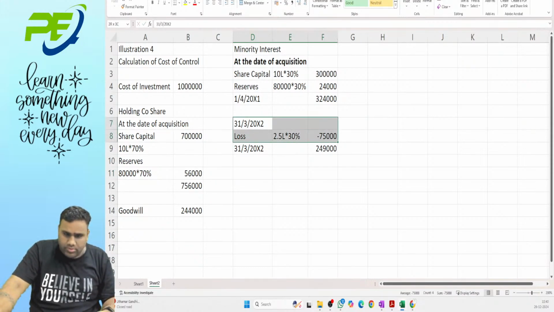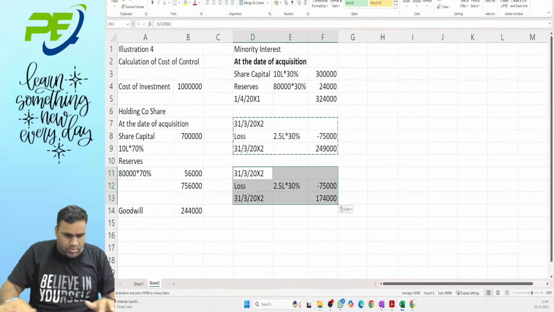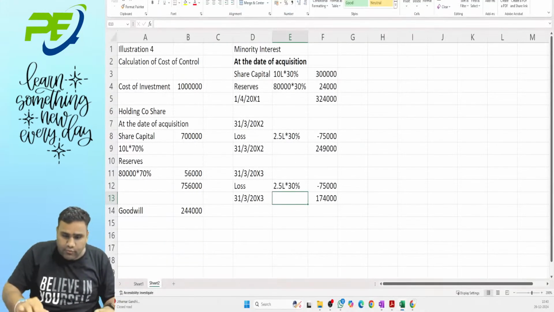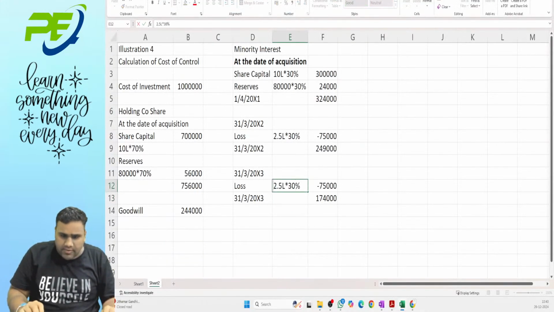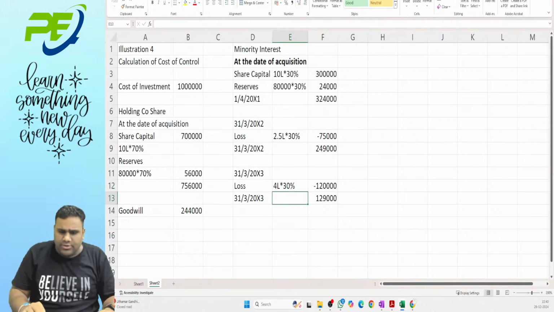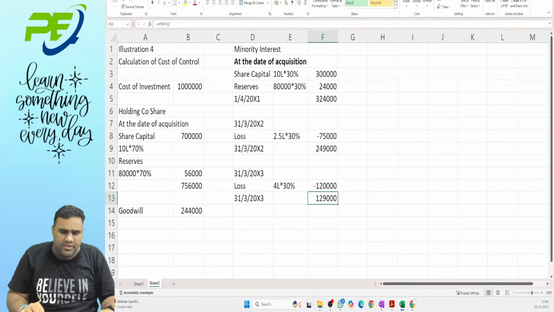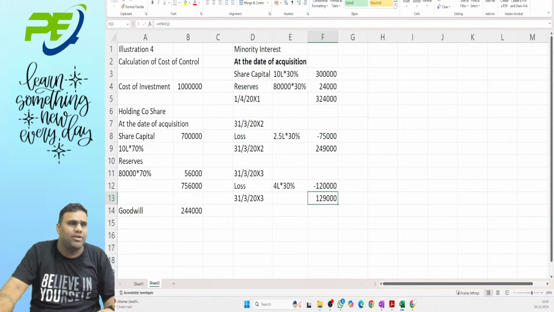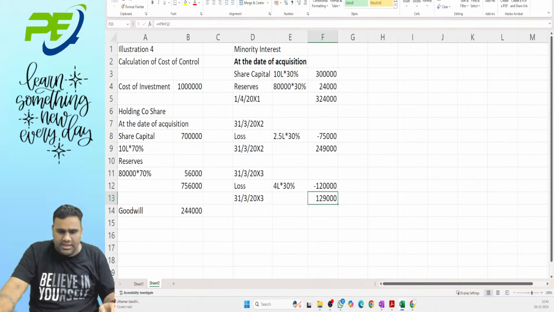Now 31st March 20x3: loss is 4 lakhs. So 4 lakh into 30% is minus 1 lakh 20,000. So it is 1 lakh 29,000. Everyone, yes.